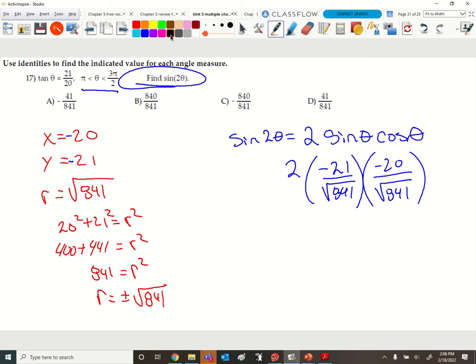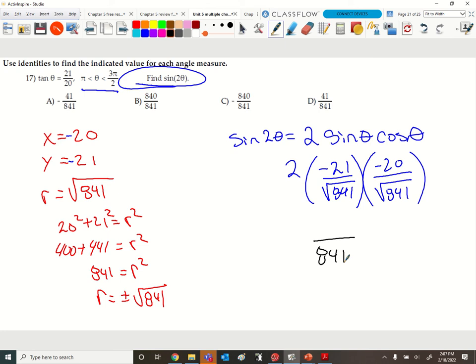Okay, you guys ready? Why am I not worrying about my r values being a radical? I got rad 841 times rad 841 on the bottom. What's going to happen to my radical there? It goes away. So on the bottom I get 841, but on the top, what do I multiply that out?